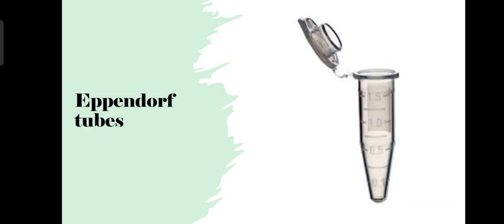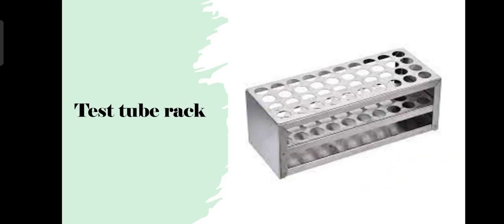Eppendorf tubes are used for preparing, mixing, centrifuging, transferring and storage of liquid and solid samples and also reagents. Test tube rack, to hold multiple test tubes upright at the same time.